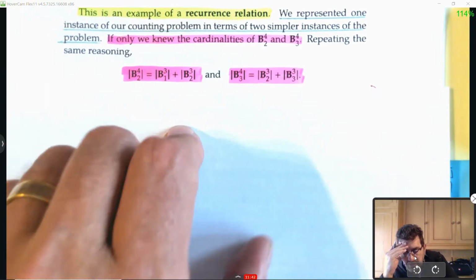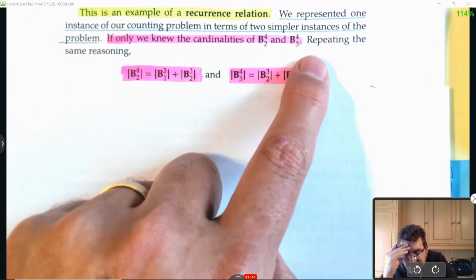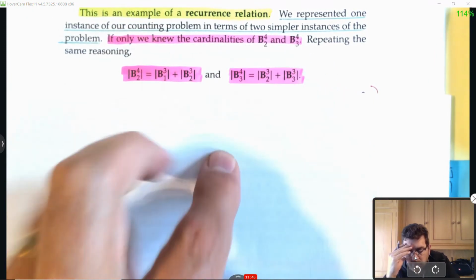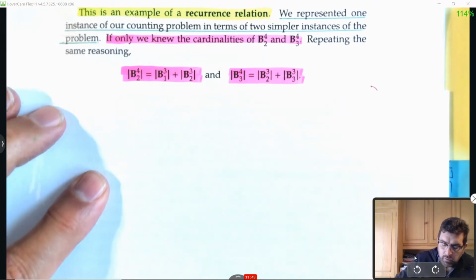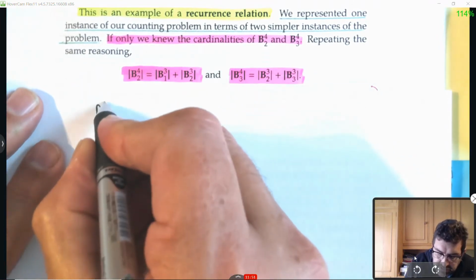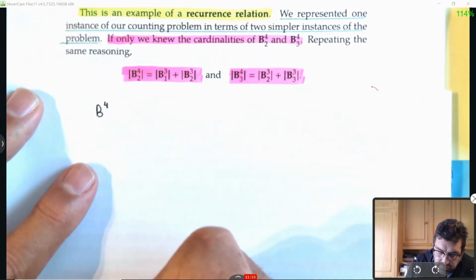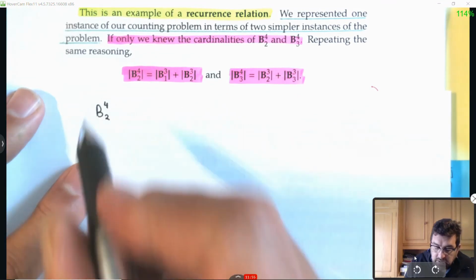Repeating the same reasoning, they bring us to this component over here. Not knowing the cardinalities there, they ask, how will we get B42? In other words, a length of 4 and a weight of 2.